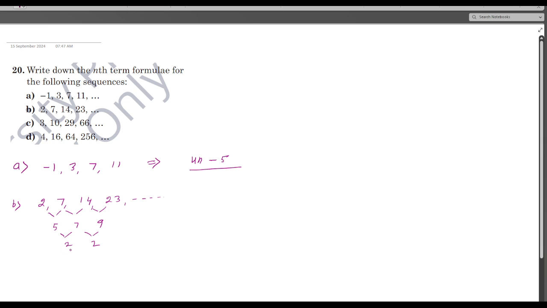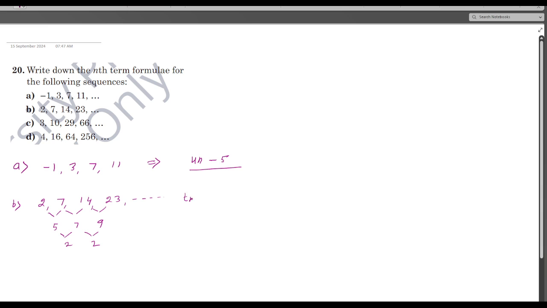So this is your quadratic sequence, and therefore it is of the format of an square plus bn plus c kind of thing. So what we can do here, we can assume the sequence.